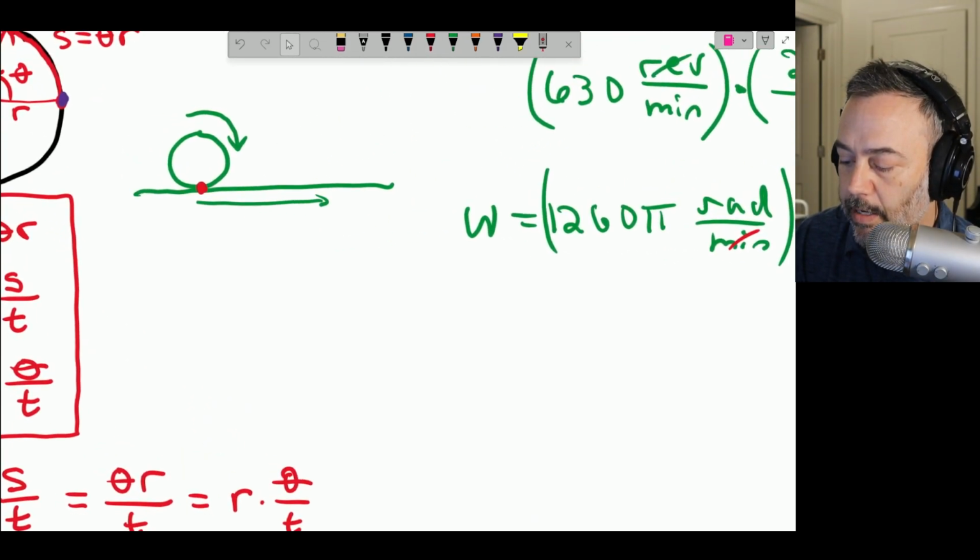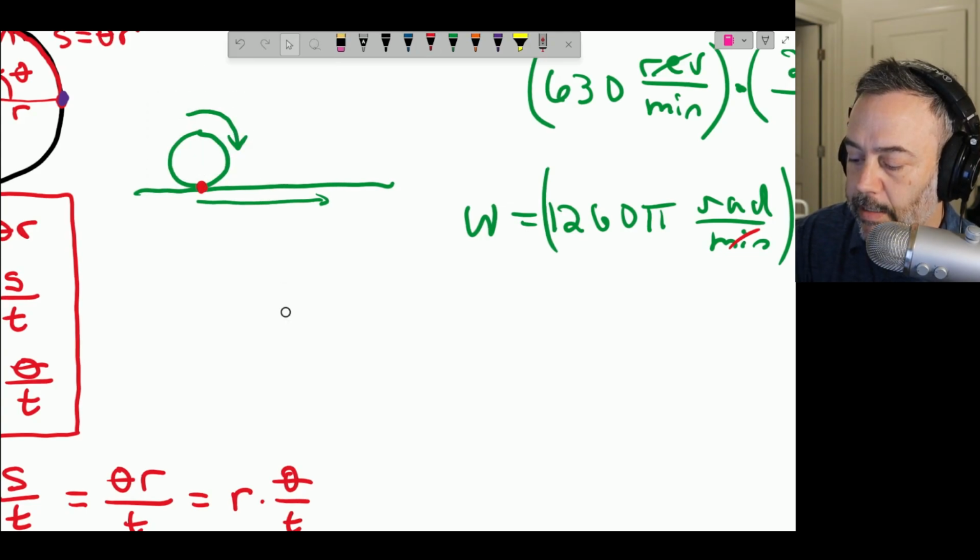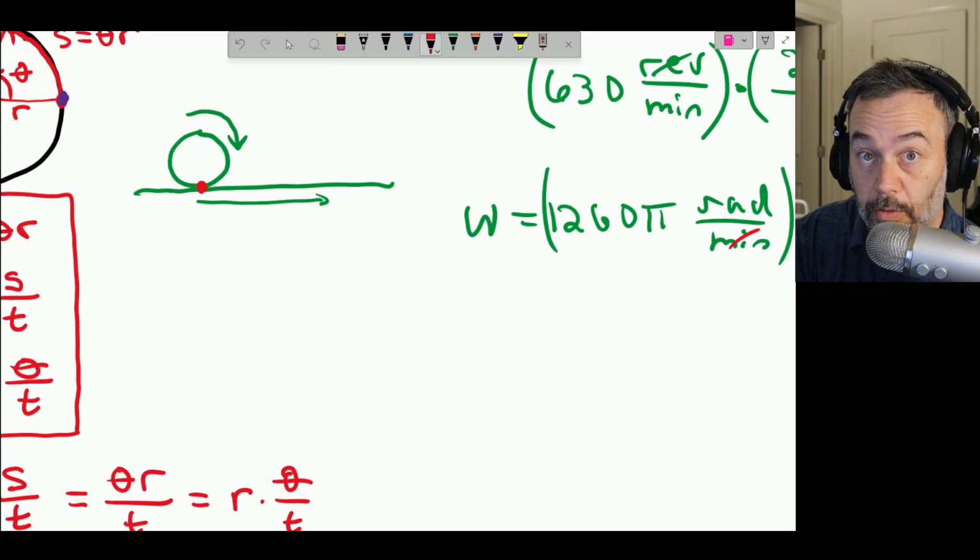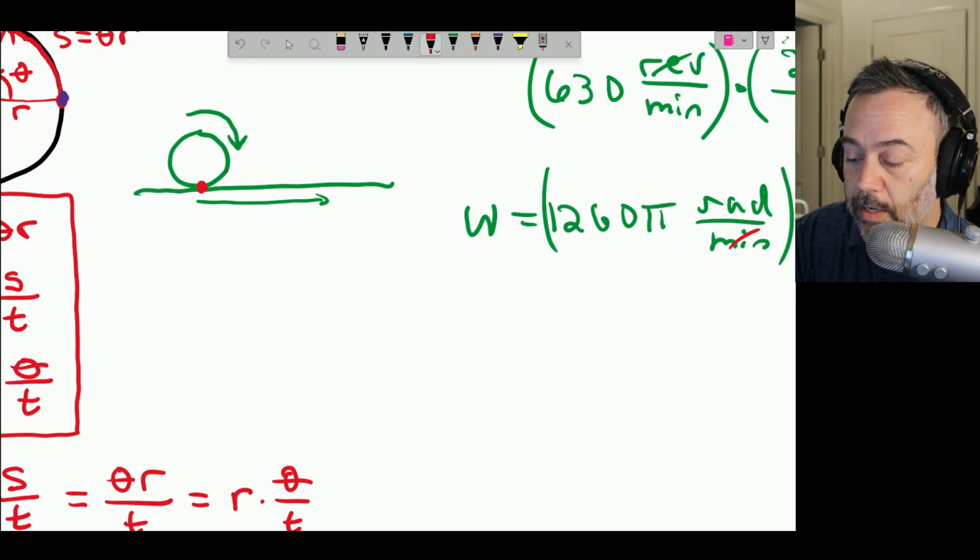Now, why is that? There's always one spot that is contacting the ground. So the faster the wheel turns, the faster this point that's contacting the ground will move around the circle. As the wheel rolls this direction, the point contacting the circle will move this direction.